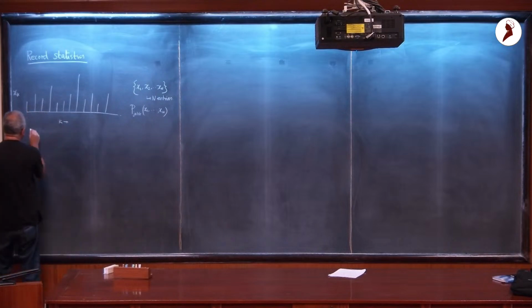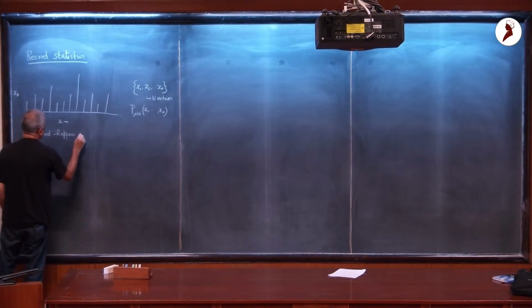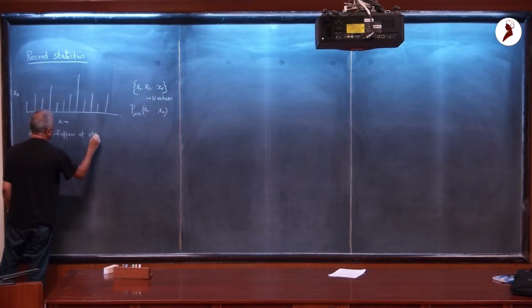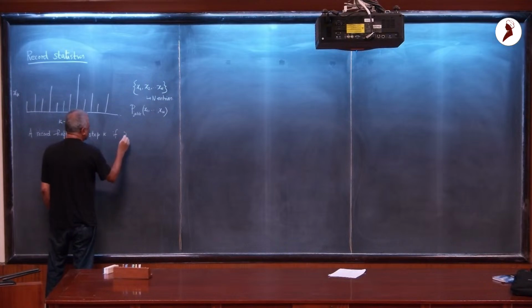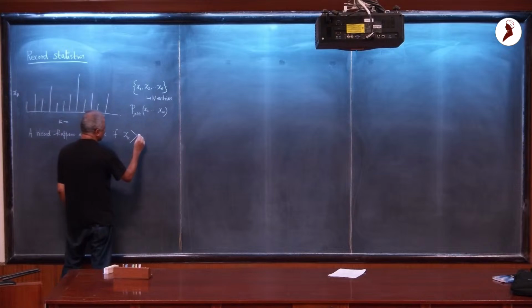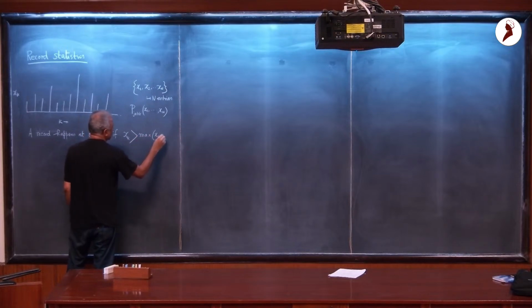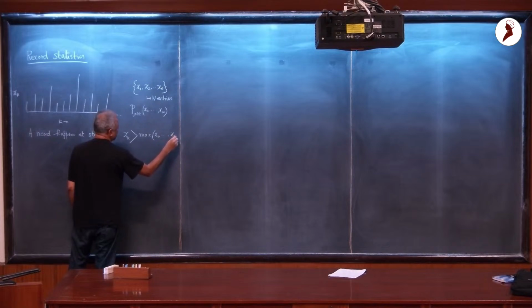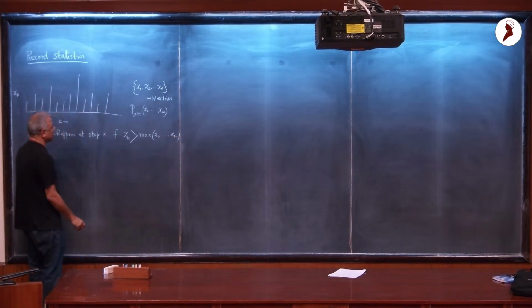So we say that the record happens at step k if the value of that entry, the kth entry, is bigger than all previous entries. That means it's bigger than the max of x1, x2, x3, up to xk minus 1. Okay. So that's the definition.